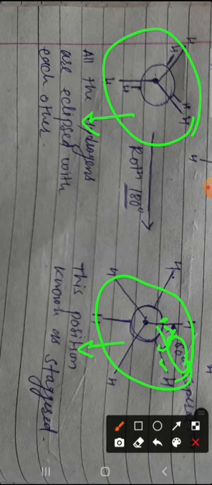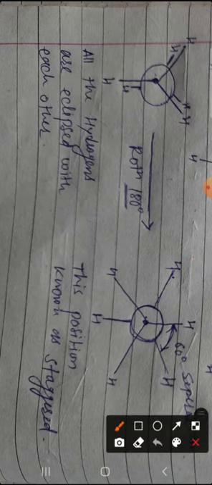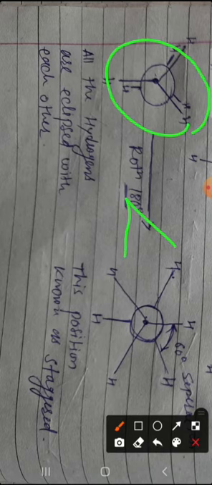And here the torsional angle is 60 degrees, and at 60 degrees the electron repulsion is lesser, and due to that they have less energy, and due to less energy it is a stable conformation. So between the staggered and eclipse conformations of ethane, and I am talking only about the ethane molecule, the staggered conformation is more stable than the eclipse conformation.